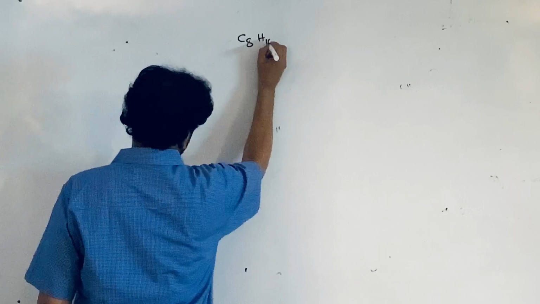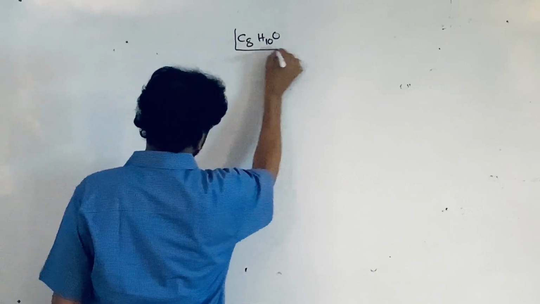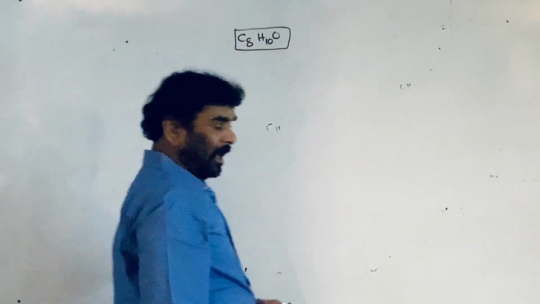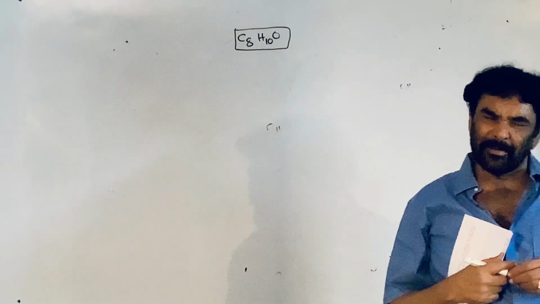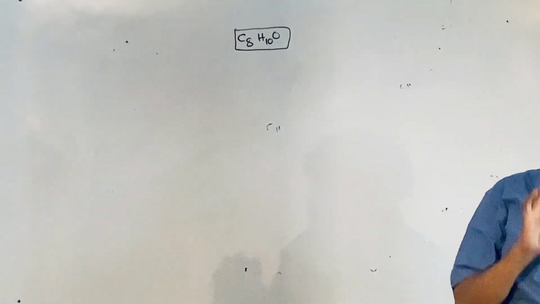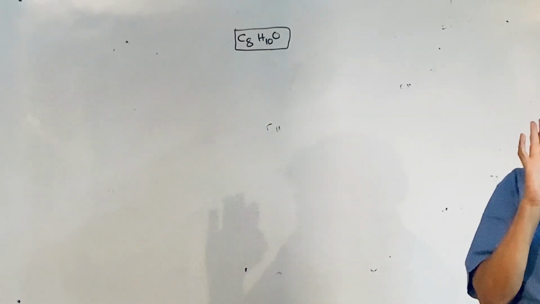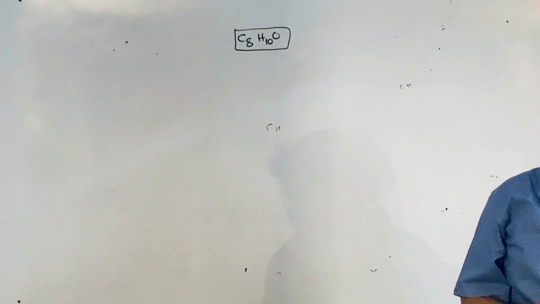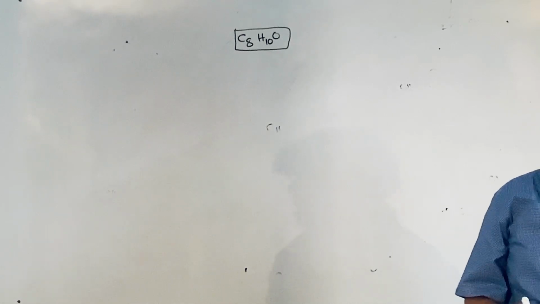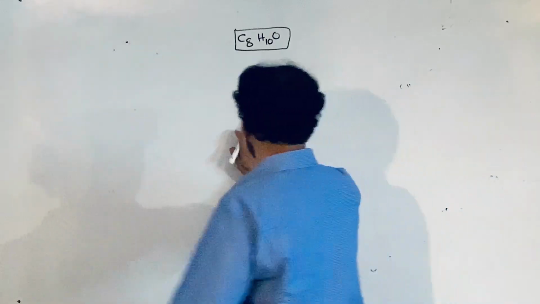The compound is C8H10O. See, the molecular formula is given, and the first thing, if the molecular formula is given, is better to find out the hydrogen deficiency index, the degree of unsaturation.